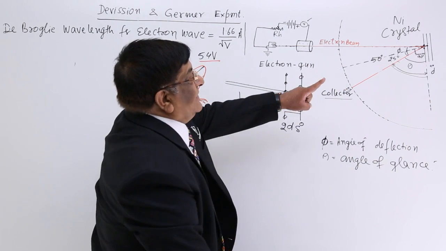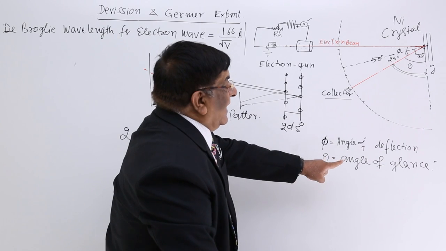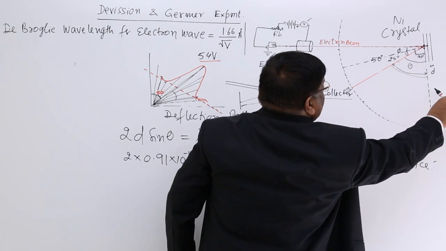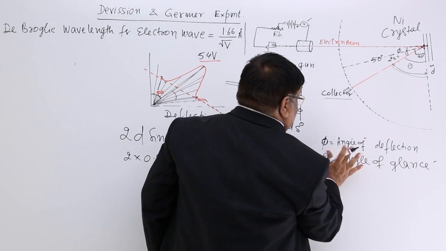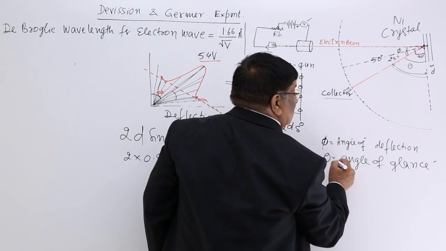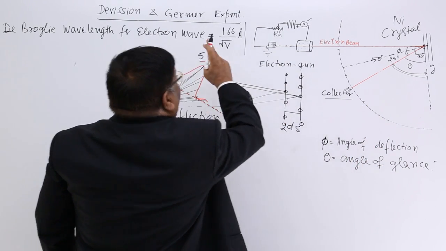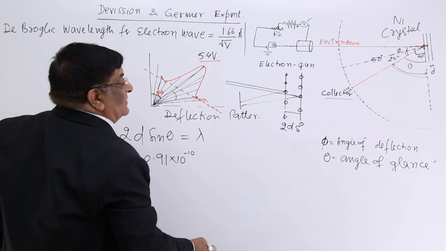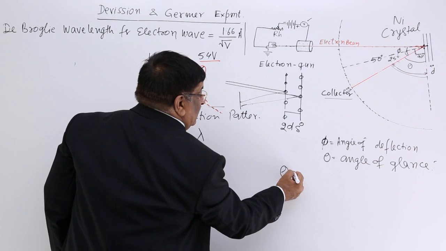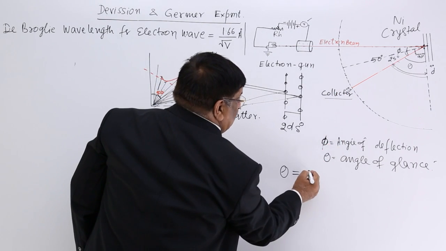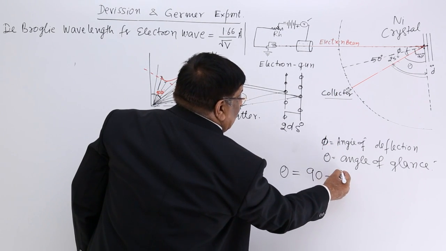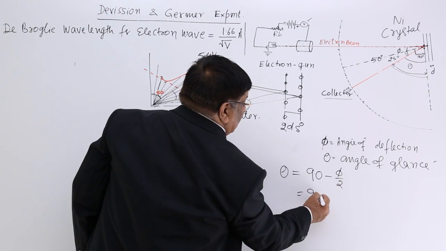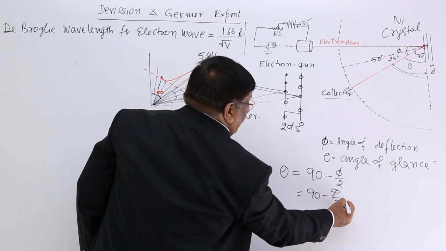So, this theta, which we call the glancing angle, the angle from the surface to the glance, is here. In this particular example, this theta was equal to 65 degrees. How did we calculate? Theta is equal to 90 minus phi by 2, and this becomes 90 minus 50 upon 2.